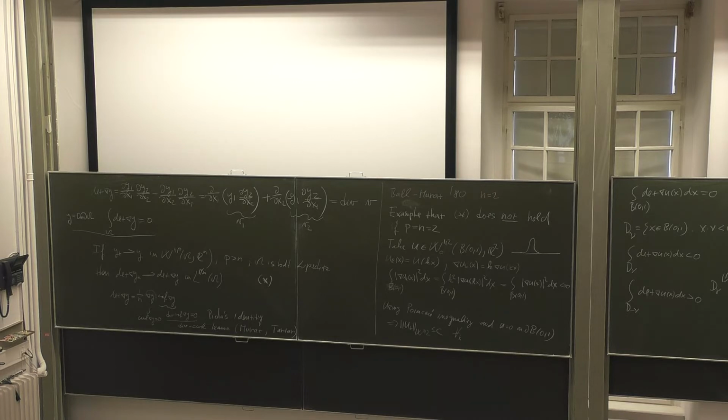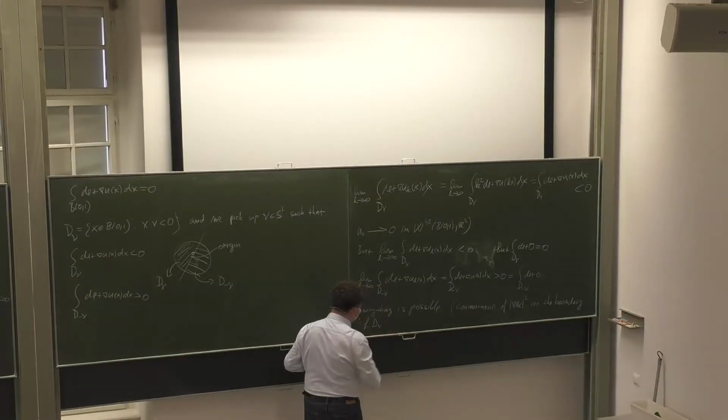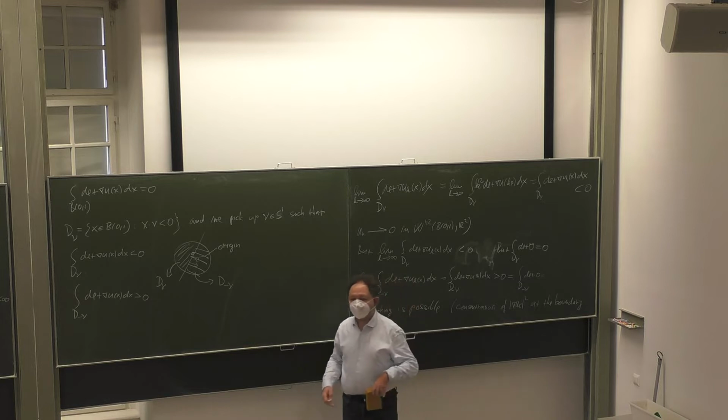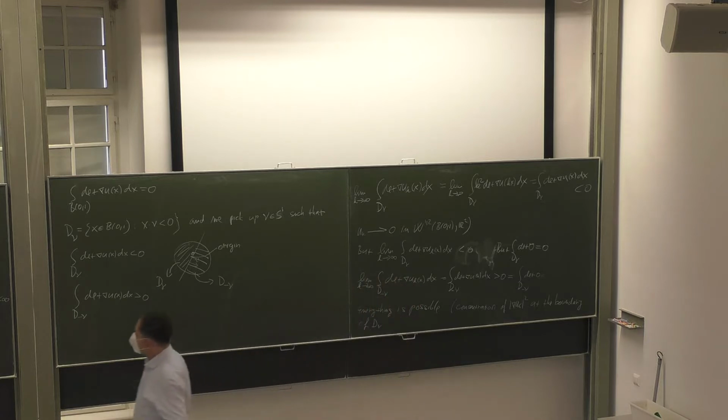And it's very hidden in the example by Ball and Murat, or Tartar. The boundary of D nu, and also D minus nu. So this gives you some sort of implicit results.